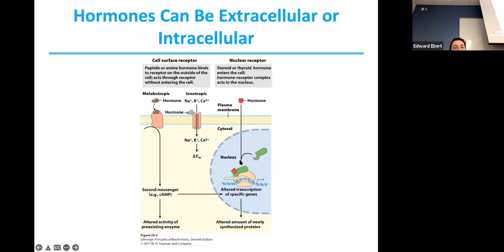Okay. Hormones can be extracellular, which is what we're going to talk about most, but they can also be intracellular. They can be released and immediately bind back to the same cell and affect the same cell, or they can be released and go to the nucleus.